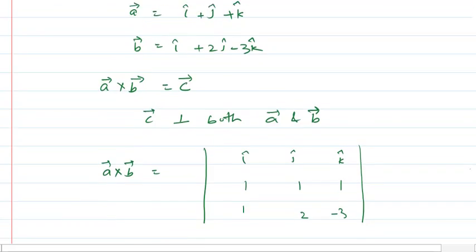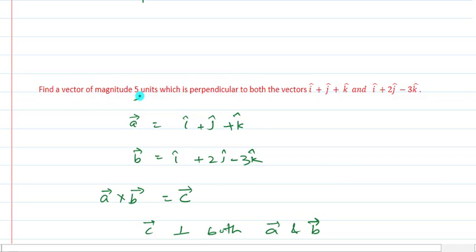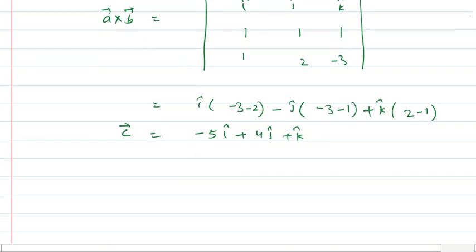Now one thing more, we need to make the magnitude of this C as 5. So first of all, let us make it for unit 1. Means let us find out a vector which is a unit vector. So we need to calculate C cap, and we know very well C cap is equal to vector C upon vector C modulus, and vector C modulus is root of 25 plus 16 plus 1.